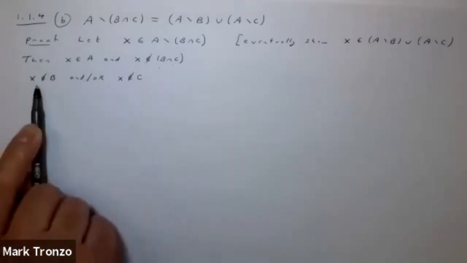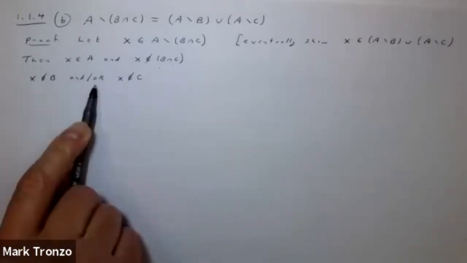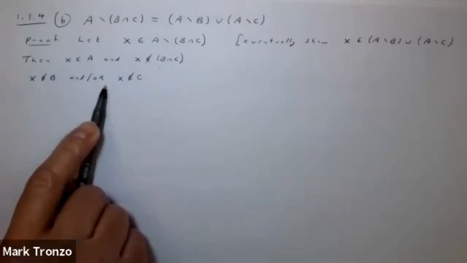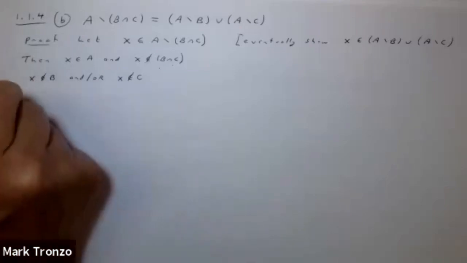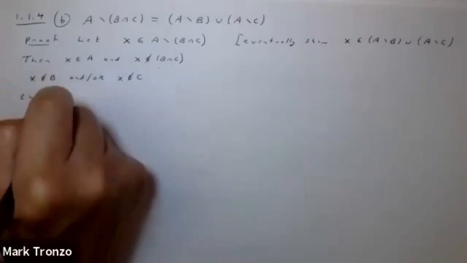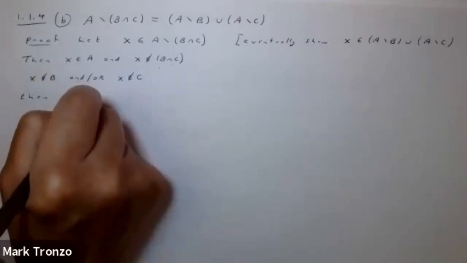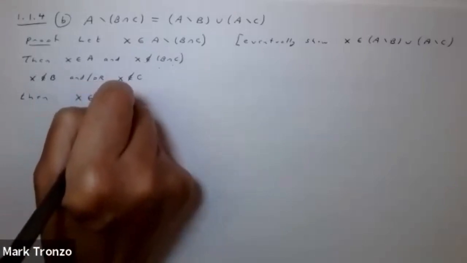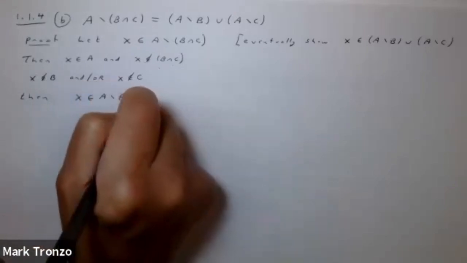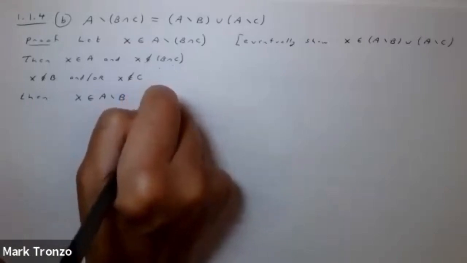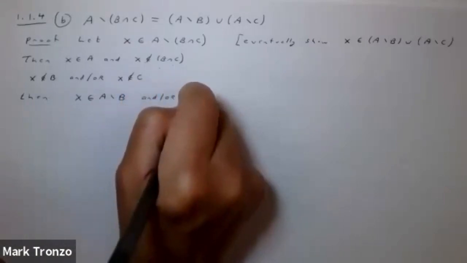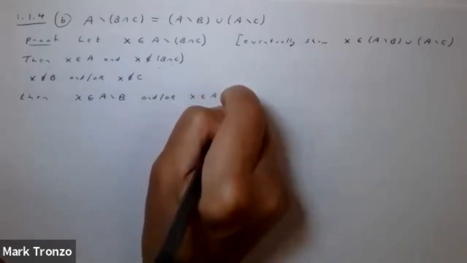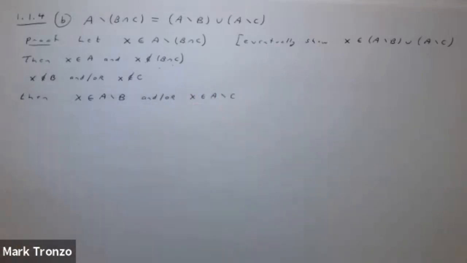So therefore, here we can say then, if this is true, then X is not in A complement B, and or once again, X is not in A complement C. See if that sounds right.